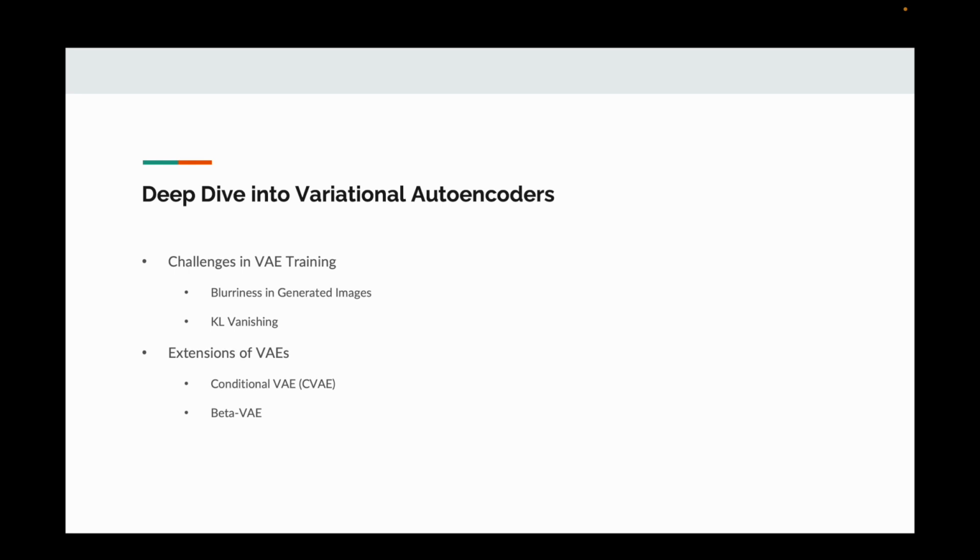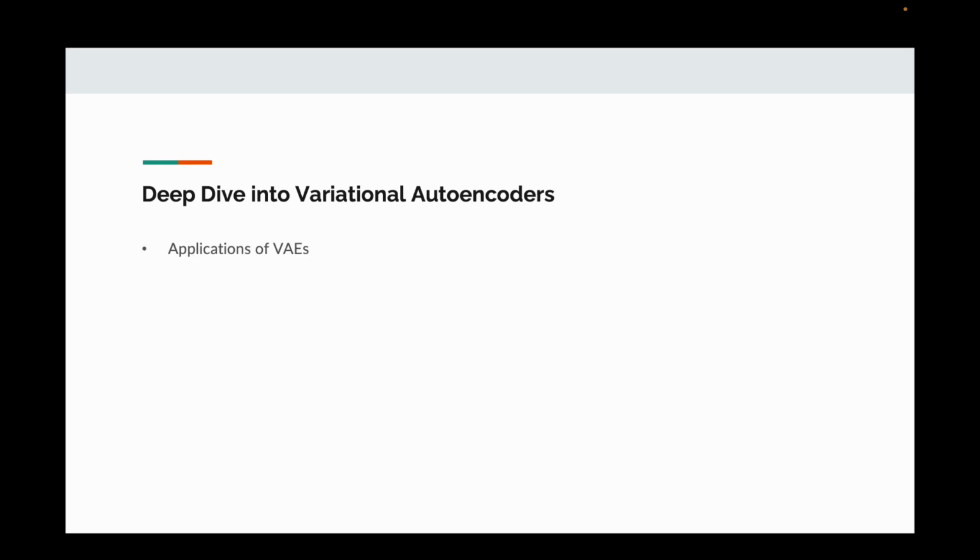This is useful for applications where interpretability of the latent dimensions is essential. Then we have VQ-VAE, which is vector quantized VAE. Instead of using continuous latent variables, VQ-VAE uses discrete latent codes, making it more suitable for tasks requiring discrete representations, for example text or speech generation.